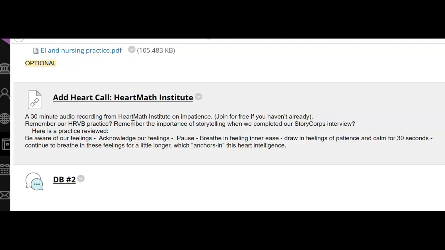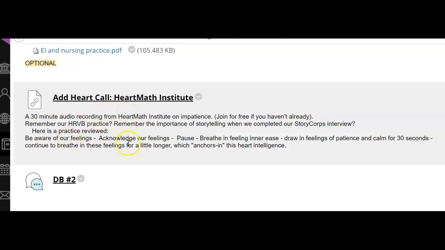Remember when we worked on our heart rate variability biofeedback, what I referred to earlier in the resiliency course, we really developed more self-awareness of emotions. And so I want you to come back to asking yourself as you go through the day, what emotions am I currently experiencing?